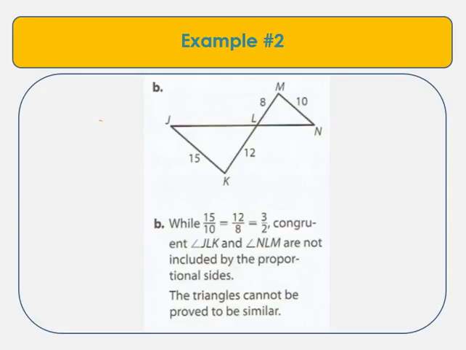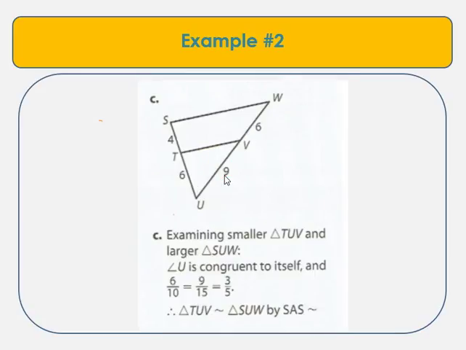So let me show you that. For this to work, right now we have this set of angles, but we have these sides that we're comparing. So for this to work, we'd have to have the angle at K, and the measure of the angle at M. So we cannot prove that these triangles are similar.